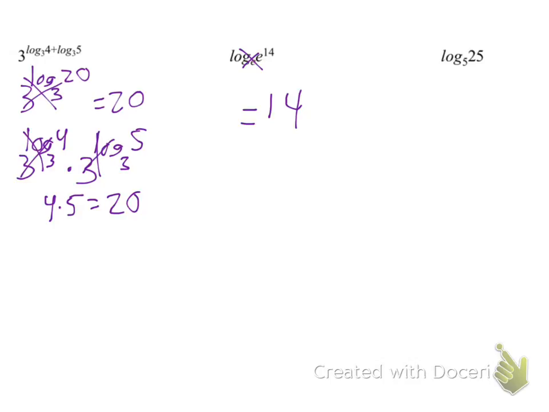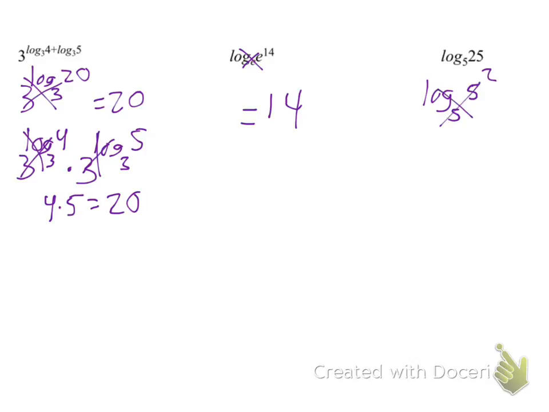And again, taking a look at log base 5 of 25, we dealt with this yesterday. How do I make that work? Put a base of 5. So 25 is 5 what? 5 squared. So change it. This becomes log base 5 of 5 squared.